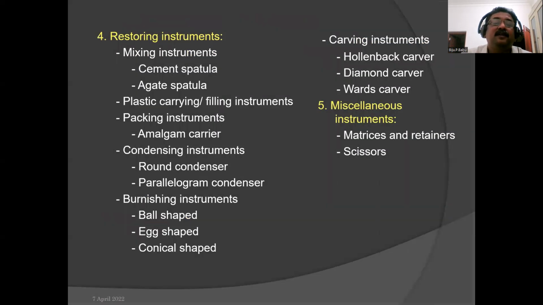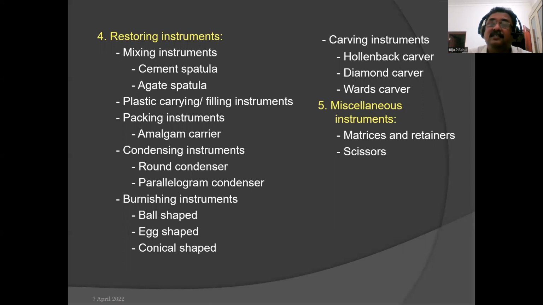Then under the restoring instruments, you have the mixing instruments like cement spatula, agate spatula, plastic carrying or filling instruments, packing instruments, amalgam carriers, condensing instruments, round condensers, parallelogram condensers, burnishing instruments like ball burnisher and conical burnisher.